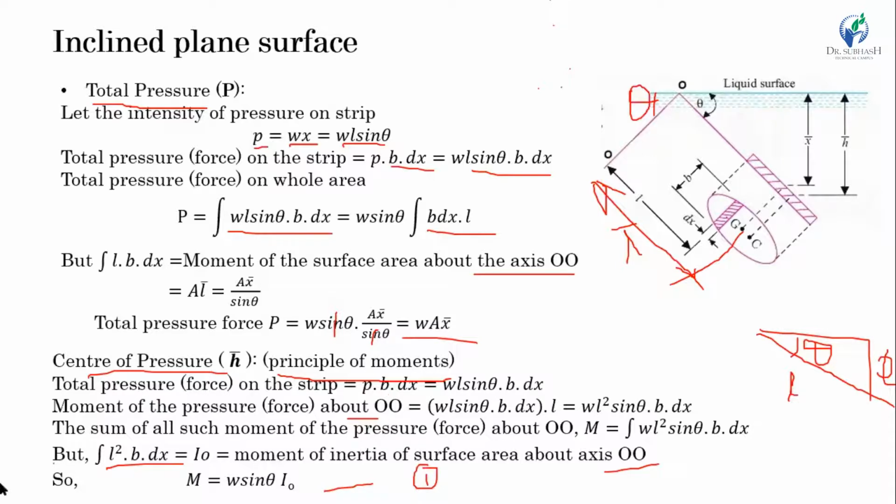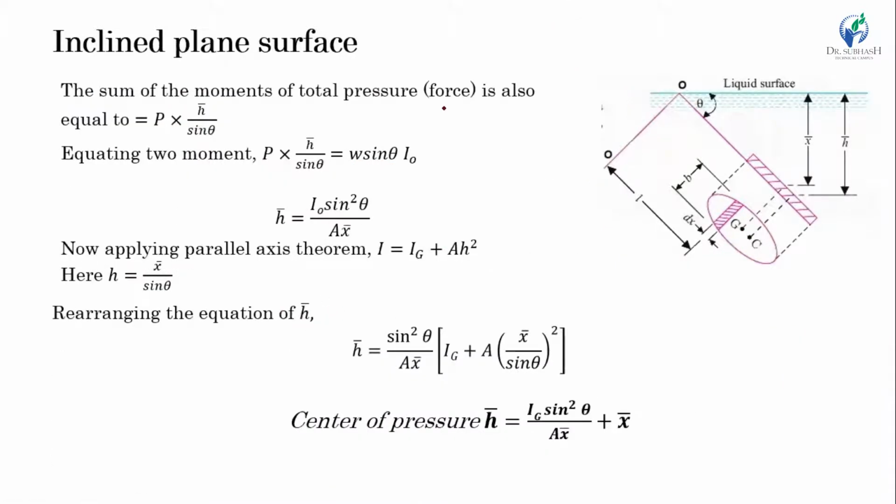Remember it. Then move on to the moment of the resultant force, which is P into the distance of the center of gravity from the axis OO, which is L bar.